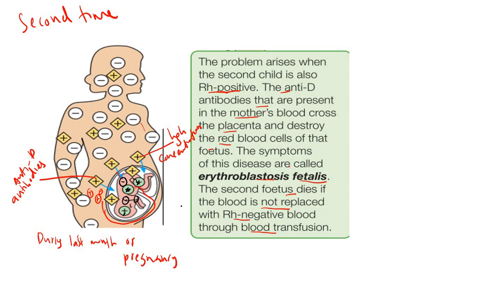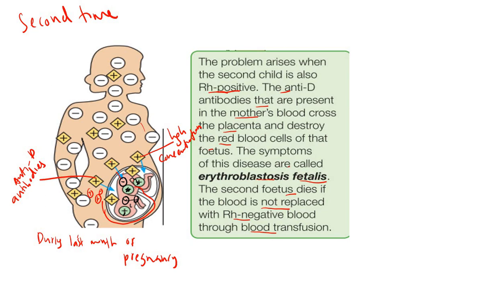There is a high chance for the fetus to survive, and then it can come out safely from the mother. But if the blood is not replaced, usually the second fetus will die.